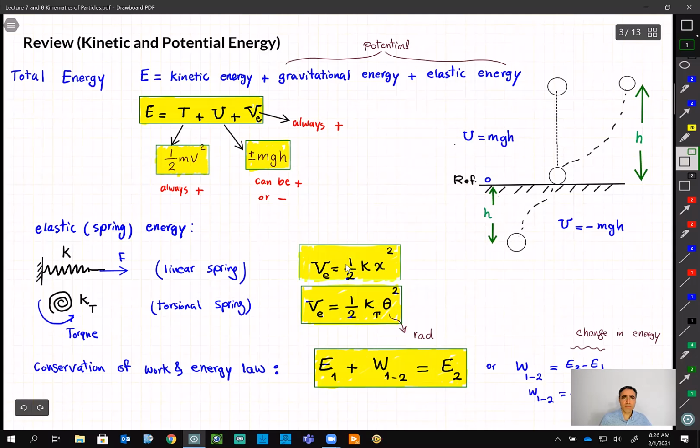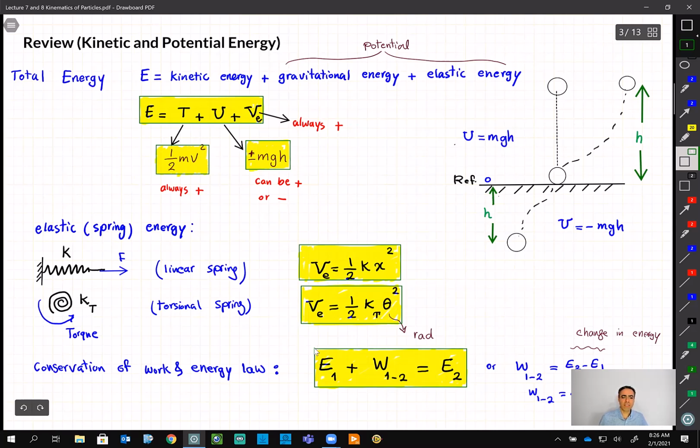There are two types of spring. For a linear spring, half of kx squared is its energy, where x is the deformation or deflection. And a torsional spring, which you may notice in some mechanism with a hinge, has energy of half of kt theta squared. Again, we put a t here not to confuse this k with the previous k, just t for torsion spring.